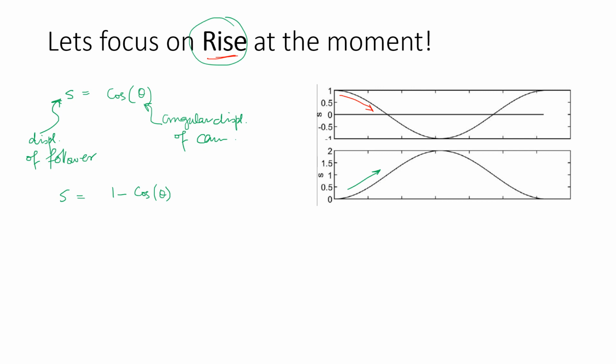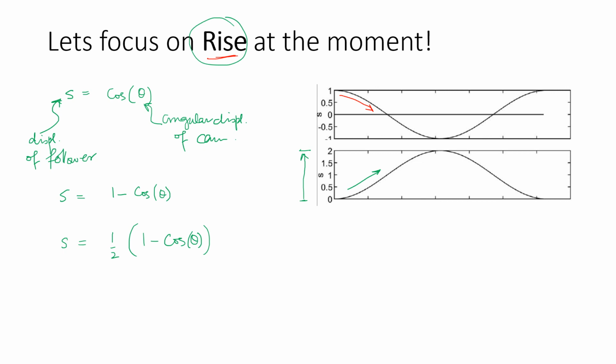This is a rise function to start with. But the problem that we have got over here is that it starts from 0 and it goes all the way to 2. So in order to have a normalized expression, I need to do something about that. Let's quickly do that. A further improved version of s can be 1 by 2 of 1 minus cos of theta.